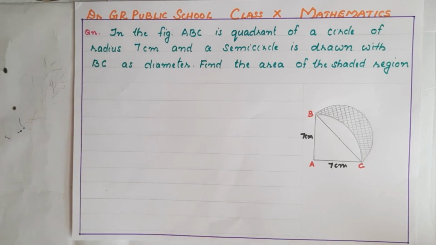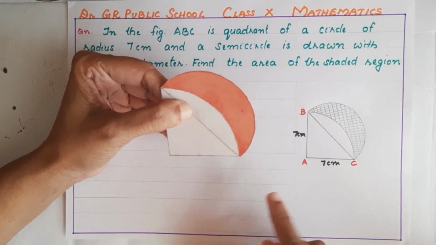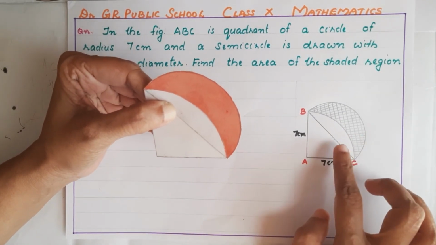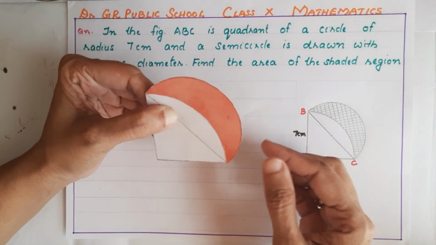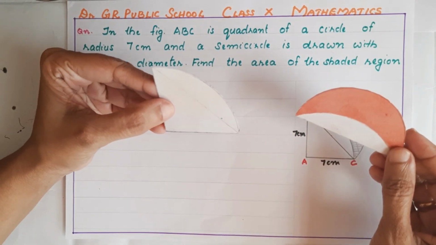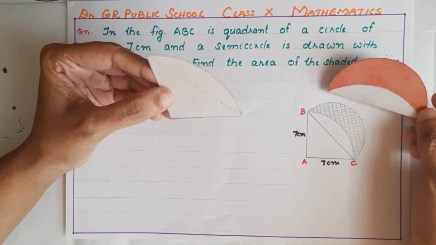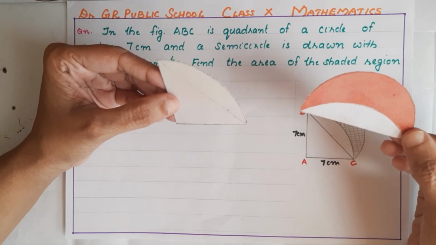Okay. Did you get the figure, children? This is the figure, isn't it? Actually, this figure is a combination of two figures. What are they? A semicircle and a quadrant. Isn't it? Now, where is our shaded region? Our shaded region is completely inside this semicircle.